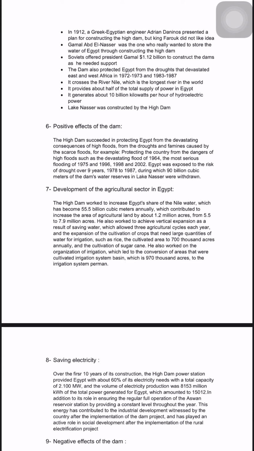It also worked on the organization of irrigation, which led to the conversion of areas that were cultivated under the basin irrigation system, which in 70,000 acres, to the perennial irrigation system.